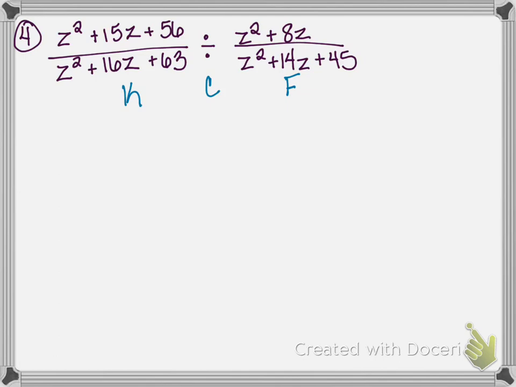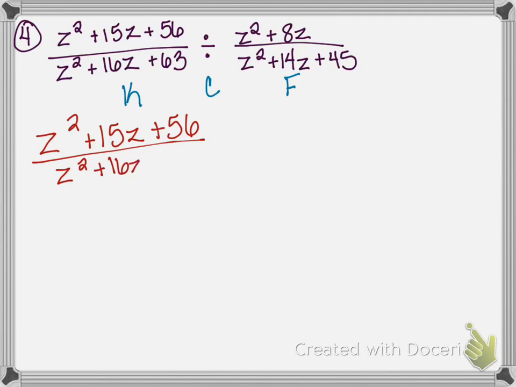So I am going to keep my first rational exactly the same. So I have z squared plus 15z plus 56 divided by z squared plus 16z plus 63.